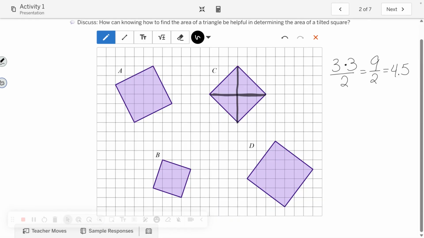There's 4 of them total, so we just need to put them all together. So 4 triangles that are each 4.5. We just need to do 4 times 4.5. And when we do that, we end up with 18 square units. So this shape is 18 square units.